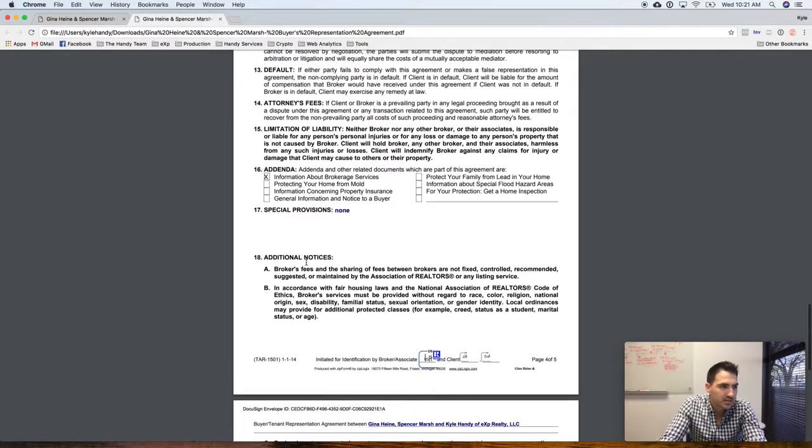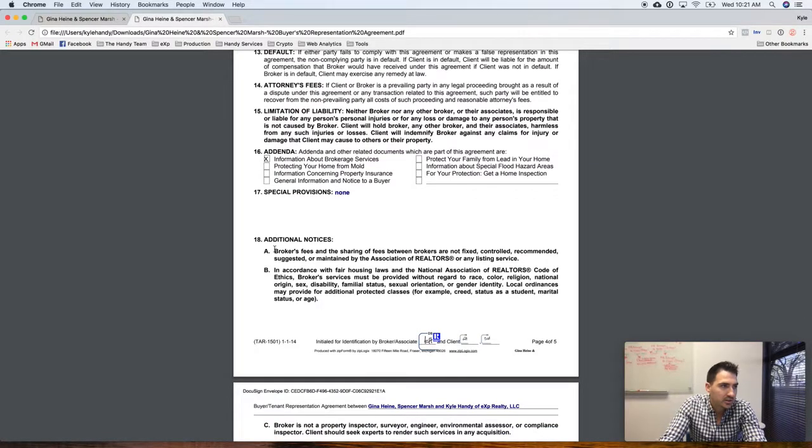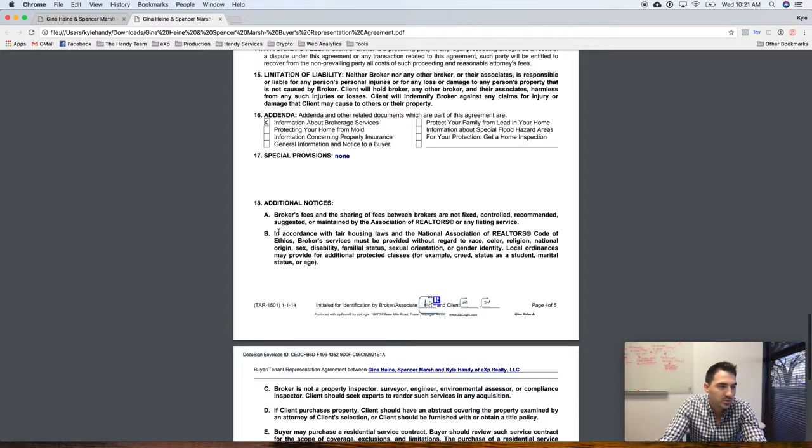And then finally, in the additional notices, I just let them know that we do have to abide by fair housing laws. What that means is that we can't discriminate about different areas of town, or if they ask us questions regarding anything about race, color, religion, national origin, sex, disability, familial status, sexual orientation, or gender identity, we can't answer any of those types of questions.